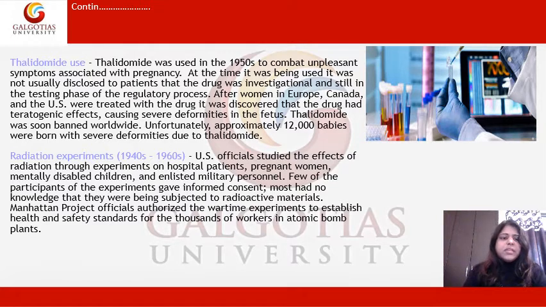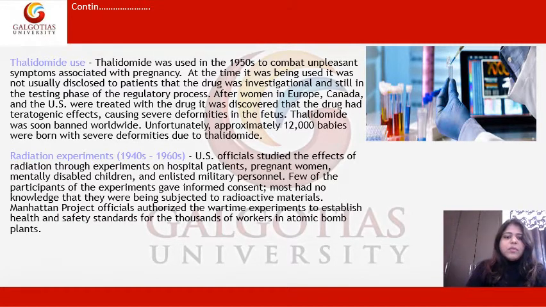The next one is the radiation experiments, conducted from 1940 to 1960, approximately 20 years. US officials studied the effect of radiation through experiments on hospital patients, pregnant women, mentally disabled children, and enlisted military personnel. Few of the participants gave informed consent.